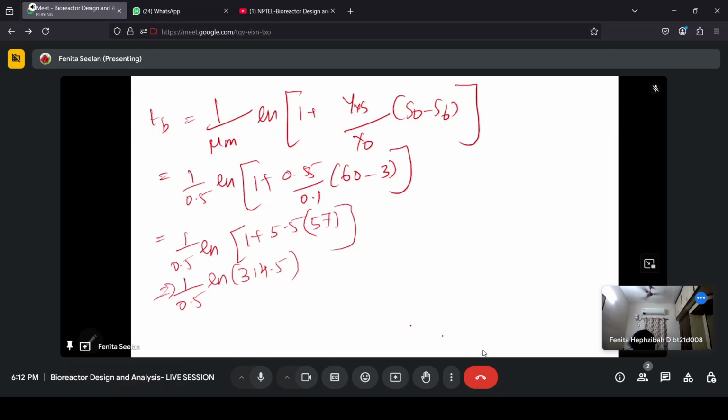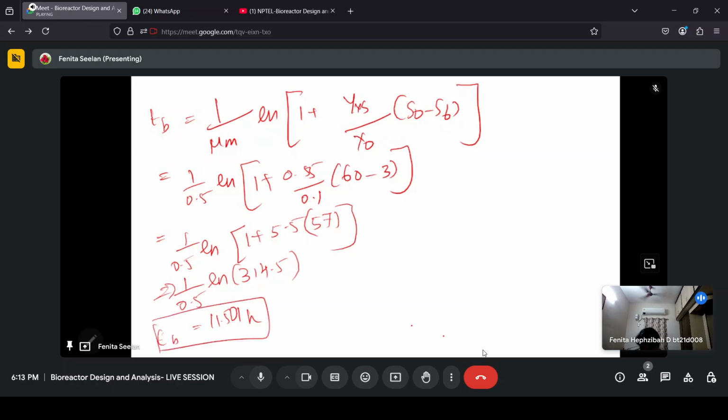Ln of 314.5 is coming around 5.75, and divided by 0.5, it is around 11.5 hours. So your batch time is calculated as 11.5 hours.